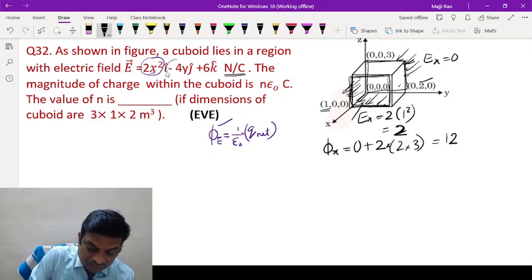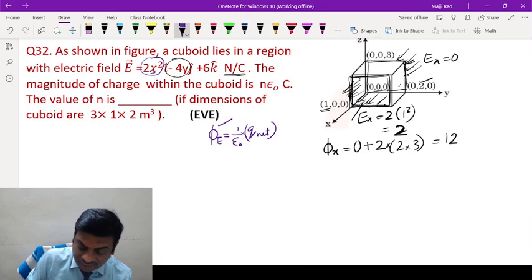Similarly, along the y-axis, it is negative. Be careful, it is along the negative y-axis. In other words, the field lines are like this. Again here it is 0 because y is 0 here. Whereas here, this face, I'll mark it with yellow color, electric field is, put y equal to how much?